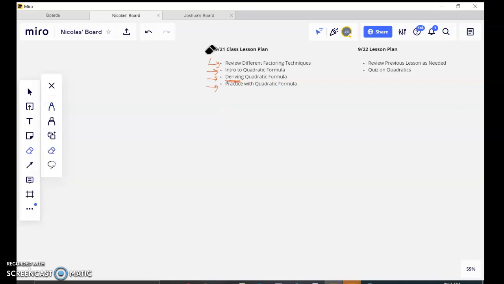So first thing, let's look at some of the factoring techniques that we've covered so far. Number one, we can call this just basic factoring. This is where you have things like 4x squared plus 2x equals 0, right?